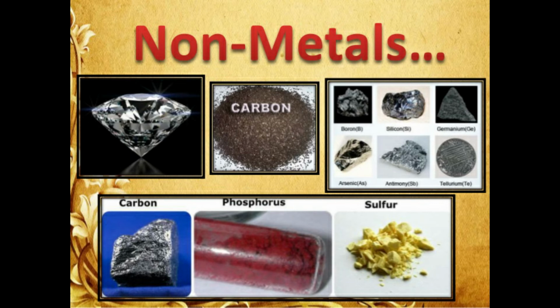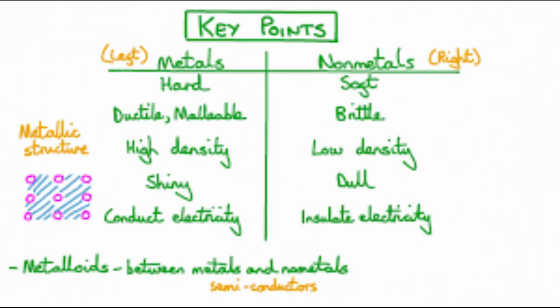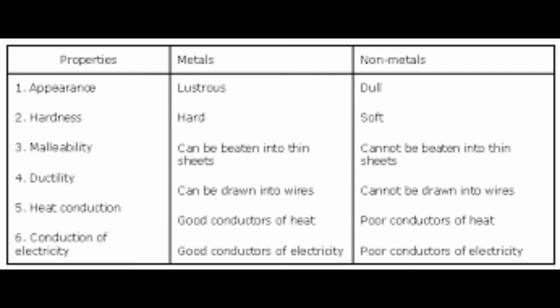So now we are going to see what are the properties of nonmetals, what we have discussed. Nonmetals are neither malleable nor ductile. Nonmetals do not conduct heat and electricity. Nonmetals are not lustrous. Nonmetals are not generally hard, they are very soft sometimes. Non-metals are not strong, they can be easily broken.